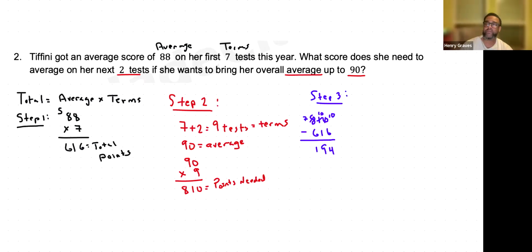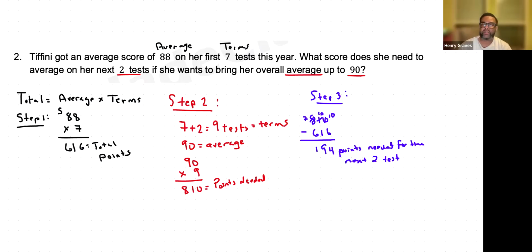So 194 is going to be the points needed for the next two tests. So if she needs 194 points and she has two tests to take, I know my final step.